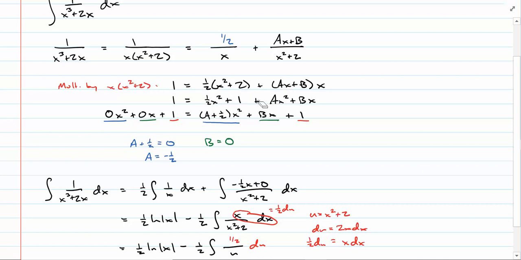And I chose to do it by multiplying it out and then comparing coefficients. I compared the x squared terms, I compared the x terms, I compared the constant terms. Technically, that'll always give you 3 equations, which is more than enough to solve for just the 2 unknowns in this case. But you'll always have enough equations to solve for your unknowns that way.